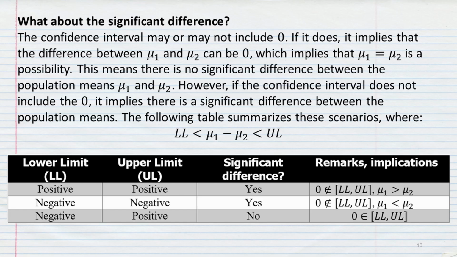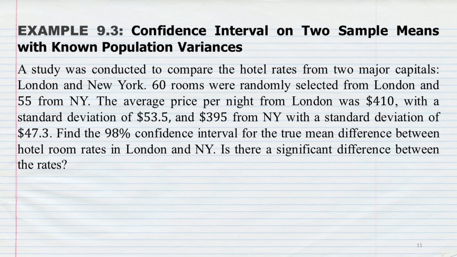However, if the confidence interval does not include 0, it implies there is a significant difference between the population means. The following table summarizes these scenarios, where LL is the lower limit and UL is the upper limit. LL is less than mu1 minus mu2, which is less than UL. Let's do an example.